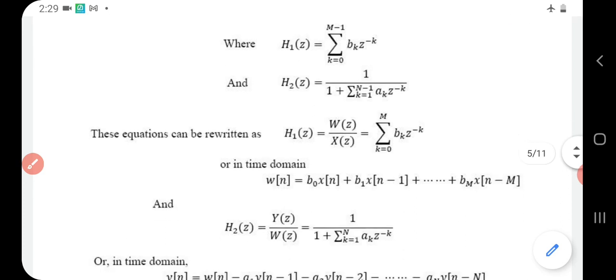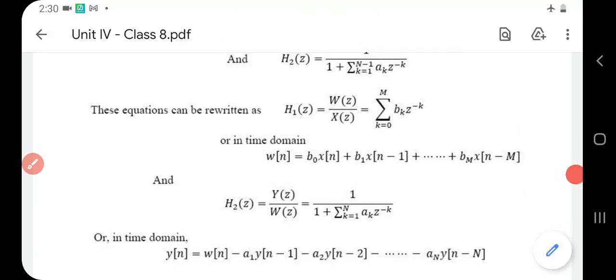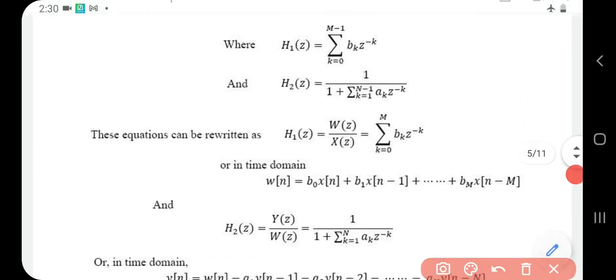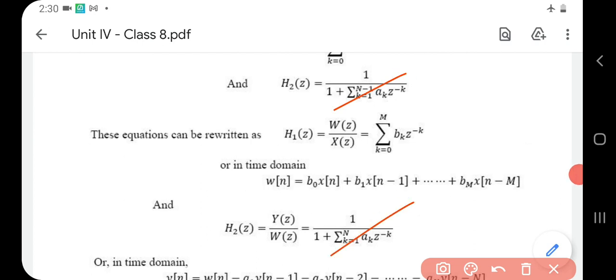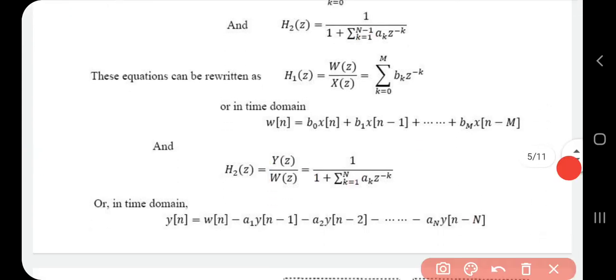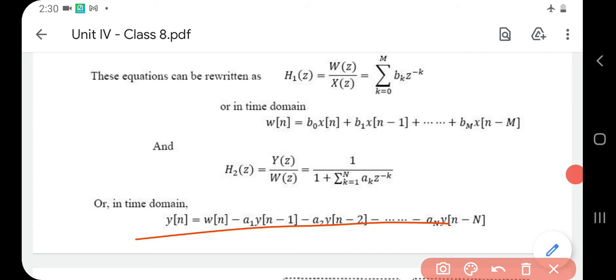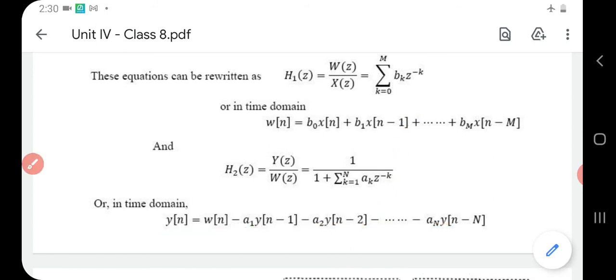Whereas H2(z), which is already mentioned here, is represented as Y(z) by W(z), and here also it can be represented in the time domain as this. So H1(z) and H2(z) are given separately, and their time domain representations are also given.